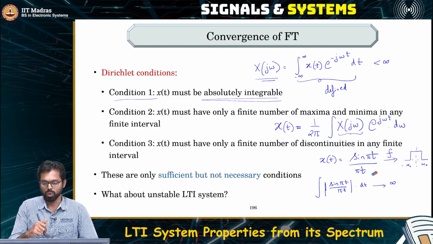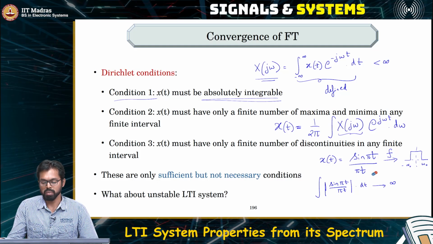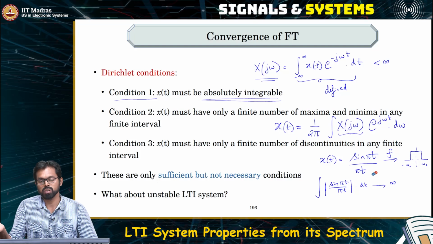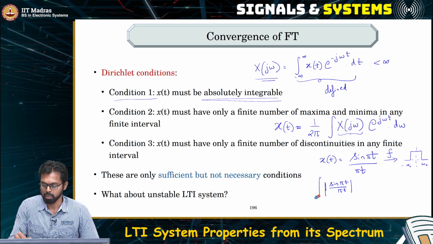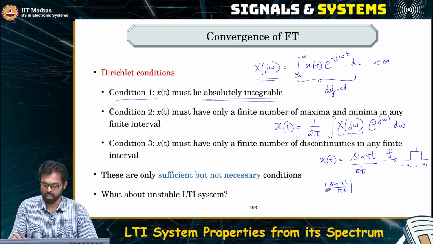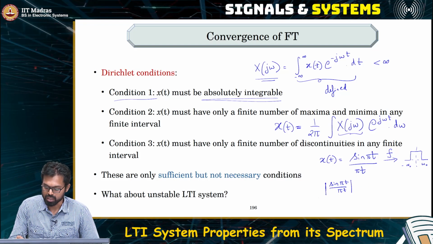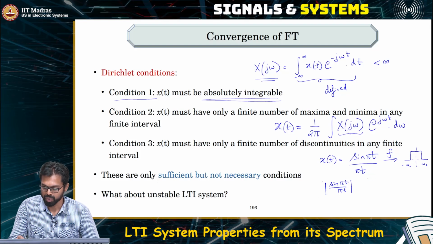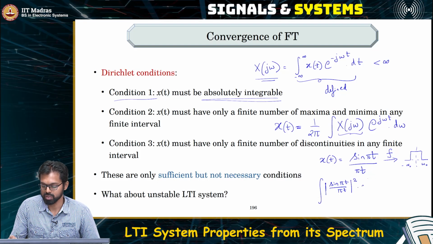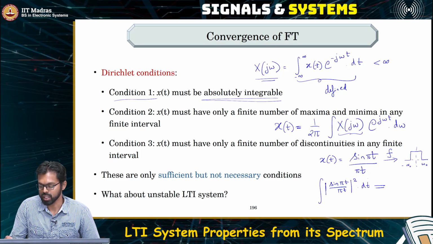But one thing that you have to note, does this mean that Parseval's theorem is not satisfied? No, that is not true. If the Fourier transform exists, then Parseval's theorem is always satisfied. So in this case, even though the signal is not absolutely integrable, when you compute the energy of the signal, that is finite.